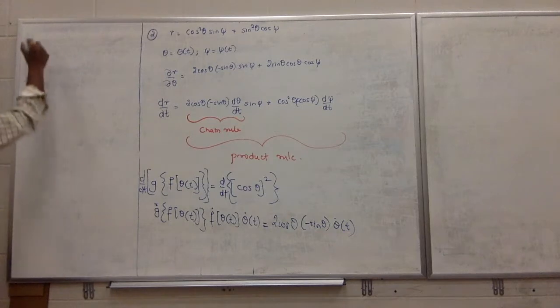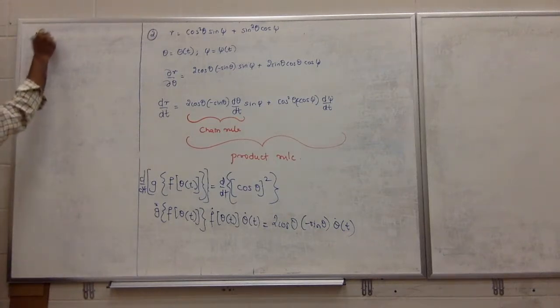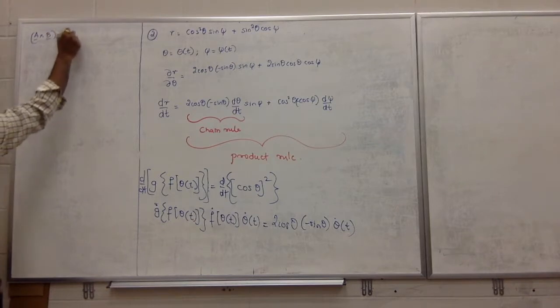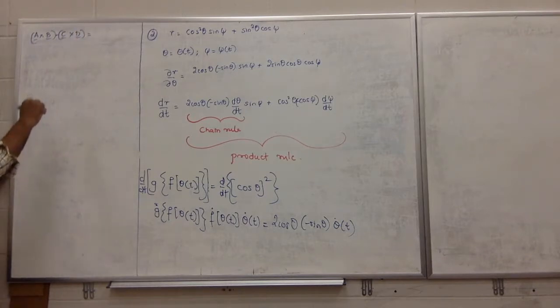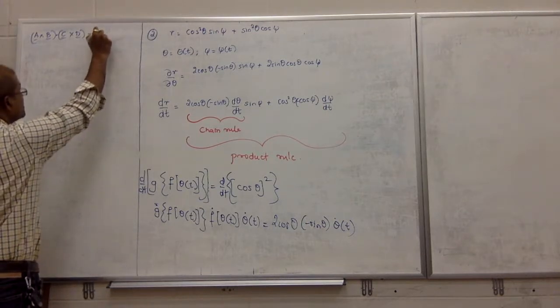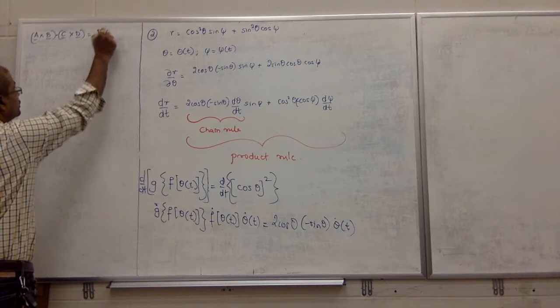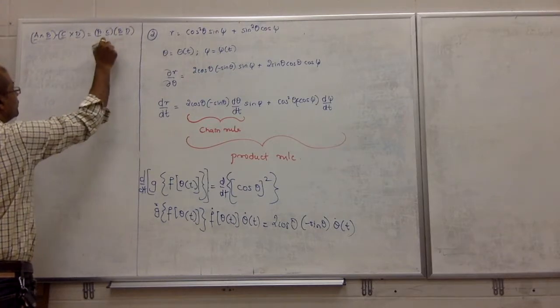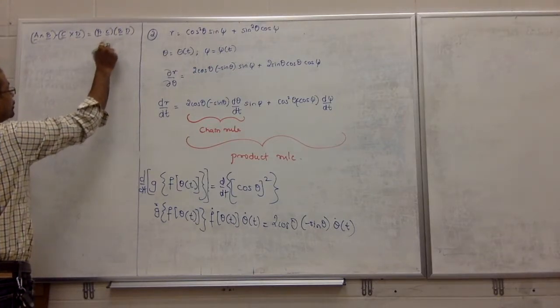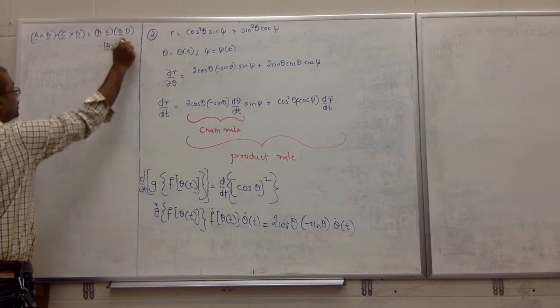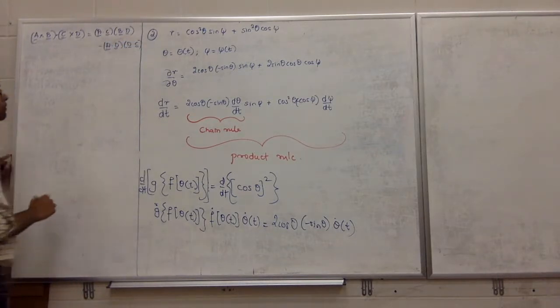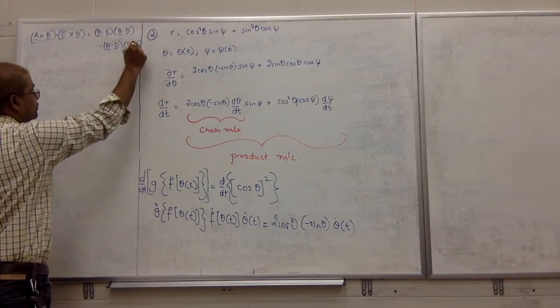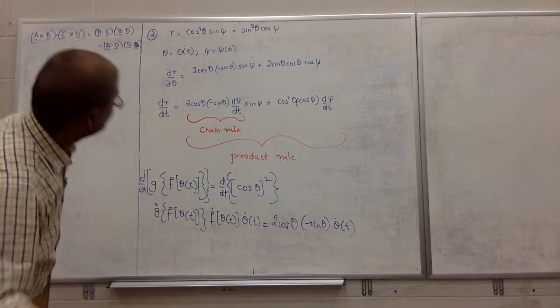You need to prove this. It equals, for the right side, A dot C times B dot D minus A dot D times B dot C. Yeah, B dot C.